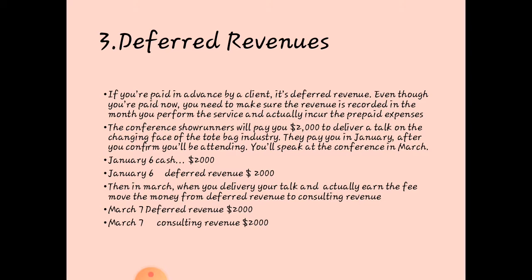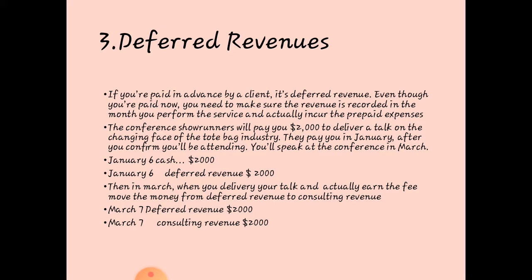Third one is deferred revenue. If you are paid in advance by a client, it's deferred revenue. Even though you were paid now, you need to make sure the revenue is recorded in the month you perform the service.